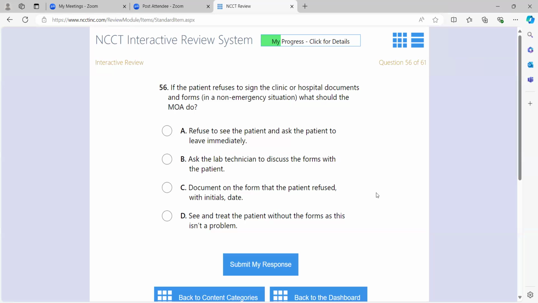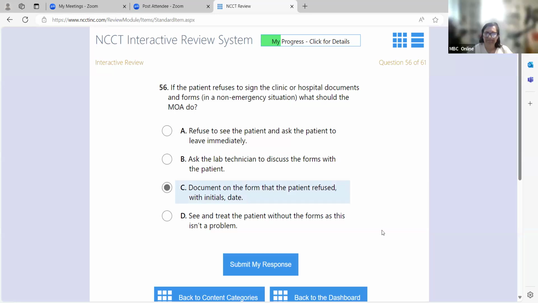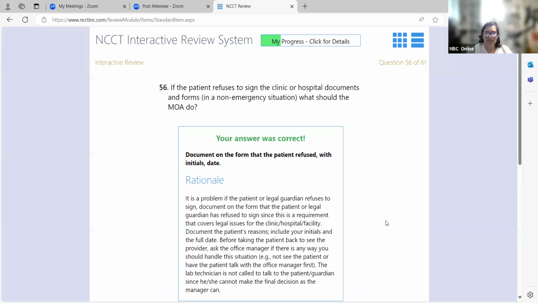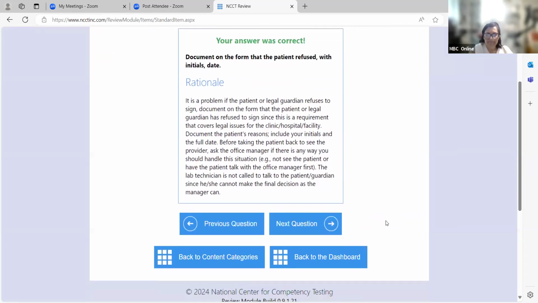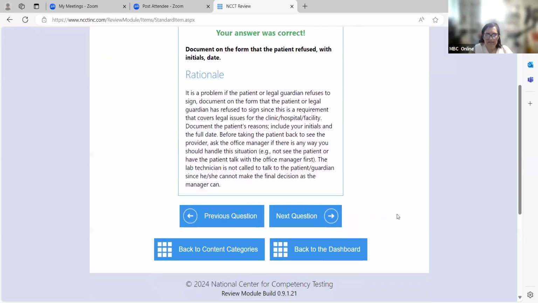C. Okay, C. Any other guesses? Correct. You just document on the form that the patient refused, and you put your initials and the date. You can even put their reasons why. You don't have to just put patient refused; put the reason why they refused to sign.